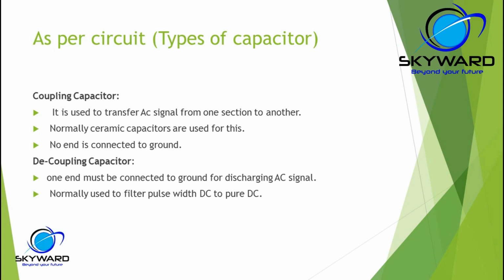You can read this one: one end must be connected to ground, discharging the AC signal. What does it mean if one side is connected to the ground? When the supply comes to the positive side, if any pulse or AC waves are there, that AC signal goes to the ground side because the capacitor passes the AC and blocks the DC, and the DC moves further into the circuit.